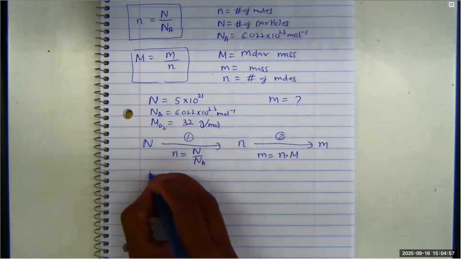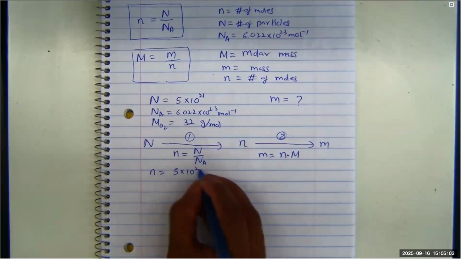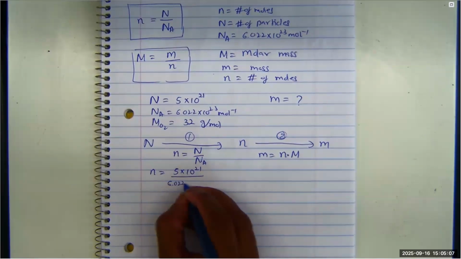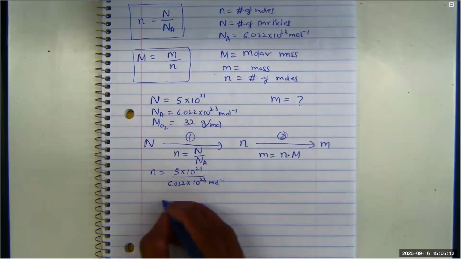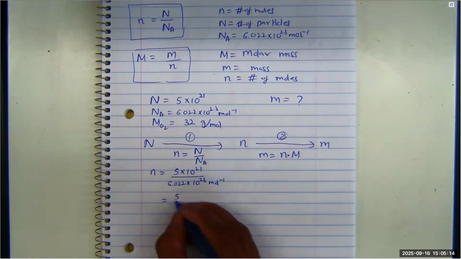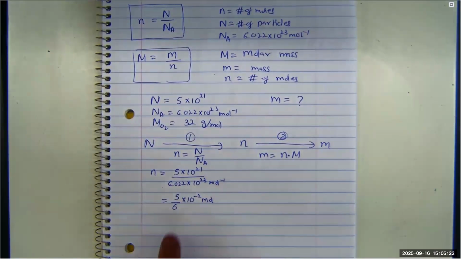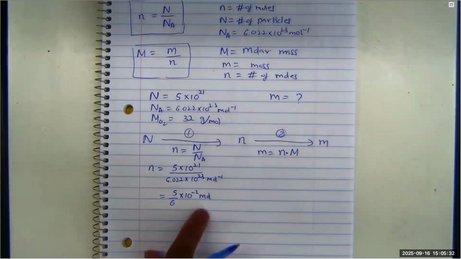Anyway, so if I plug in the numbers, uppercase N is 5 times 10 to the power of 21, and the Avogadro's number N sub A is 6.022 times 10 to the power of 23 per mole. And this gives me about 5/6 times 10 to the power of -2 moles. I don't have a calculator, that's why I did it like this. But you can plug these numbers into a calculator and get an actual number. But for the moment, I'm going to leave it like this.